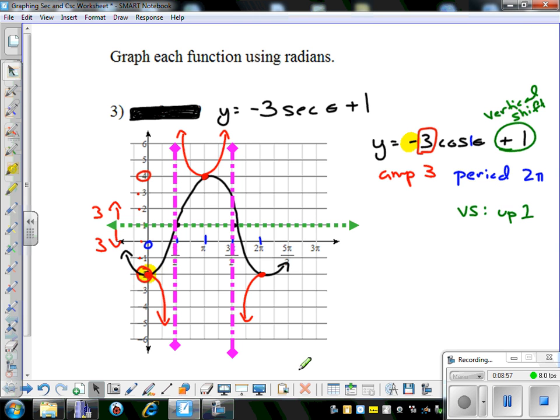Now, the black line that represents the cosine function, remember, that's a cosine function. That's not a secant function. So we need to take our eraser and erase away that cosine function, which helped us graph the secant function, and we're left with the graph that looks like this.